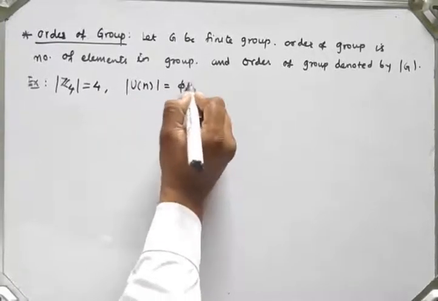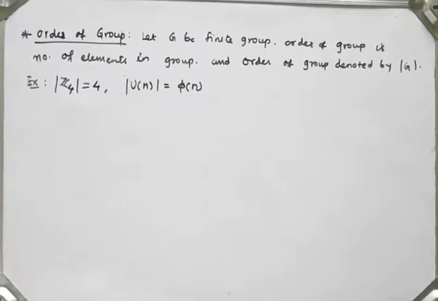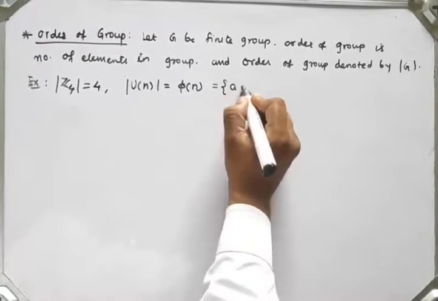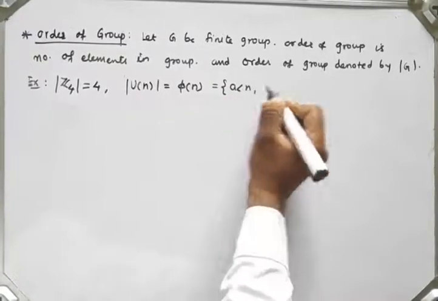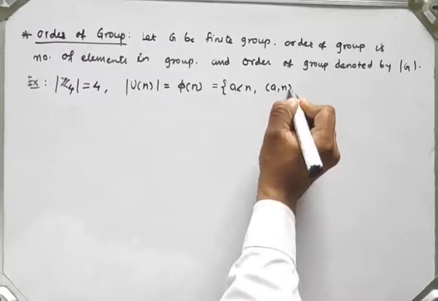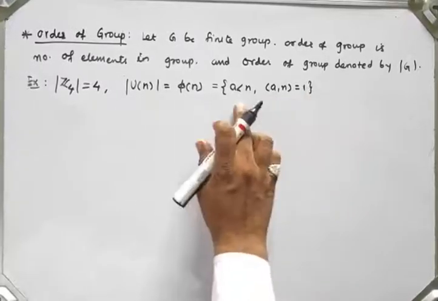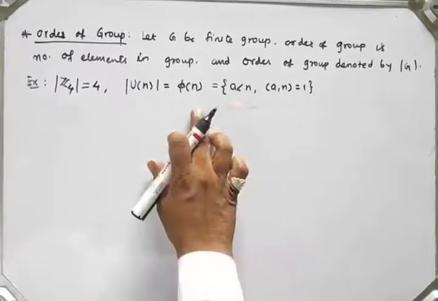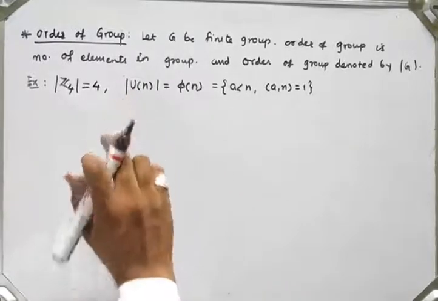There are phi of N. Phi of N means the number of elements a such that a is less than N and GCD of a and N is 1. So the numbers which are less than N and relatively prime to N are the phi of N. So this is U of N.